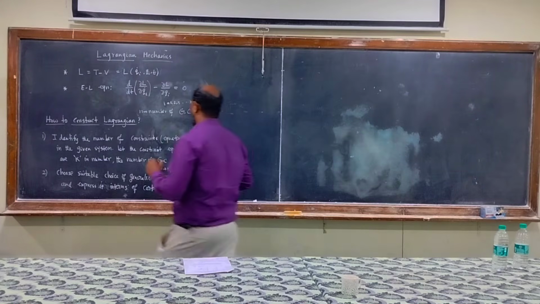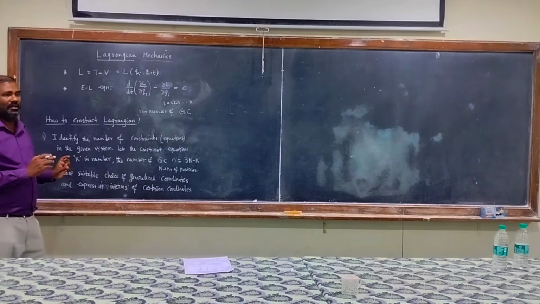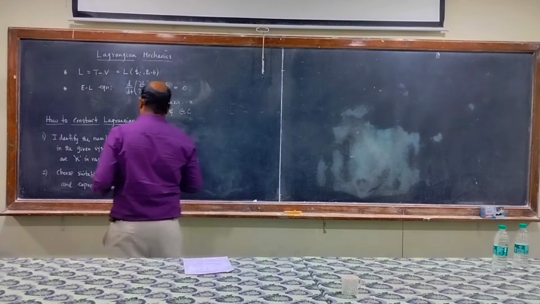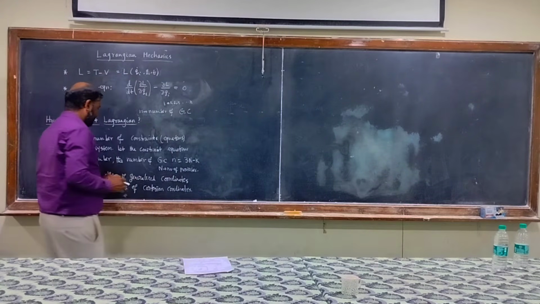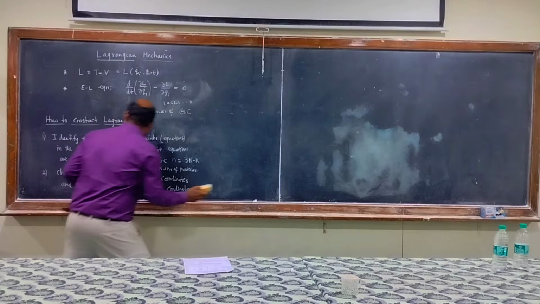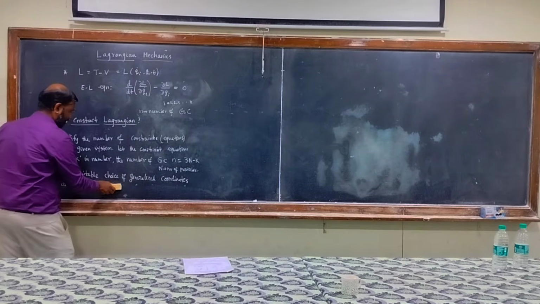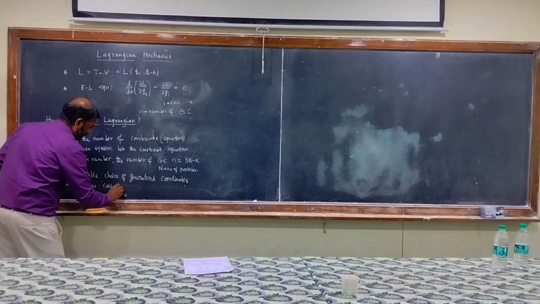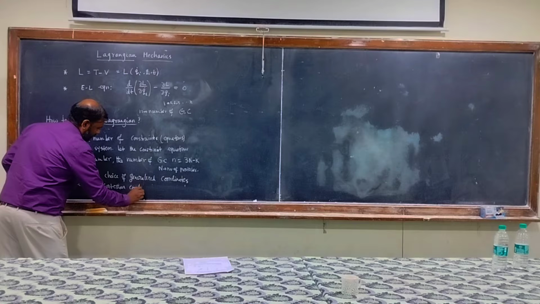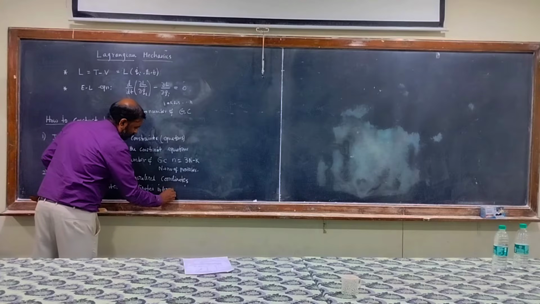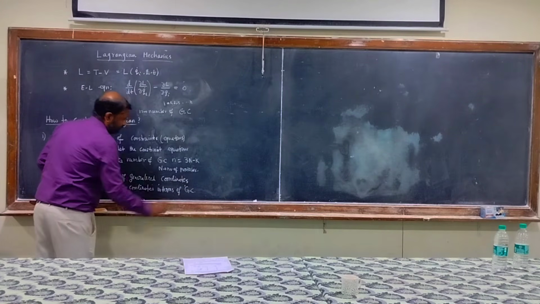Once you choose the generalized coordinates, you express the Cartesian coordinates in terms of the generalized coordinates. So the step is: choose a suitable set of generalized coordinates and express Cartesian coordinates in terms of generalized coordinates.